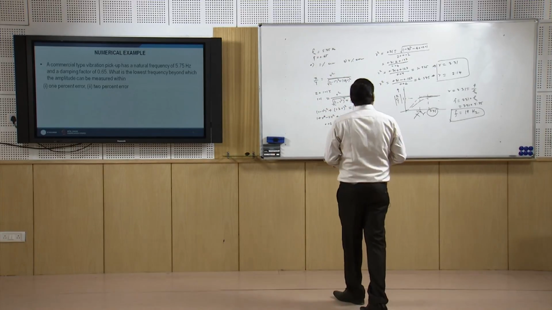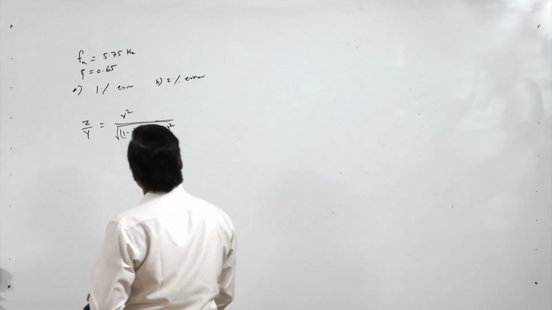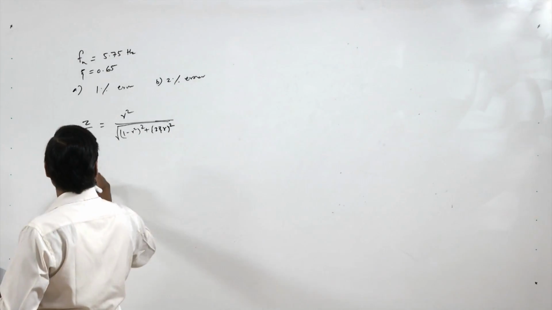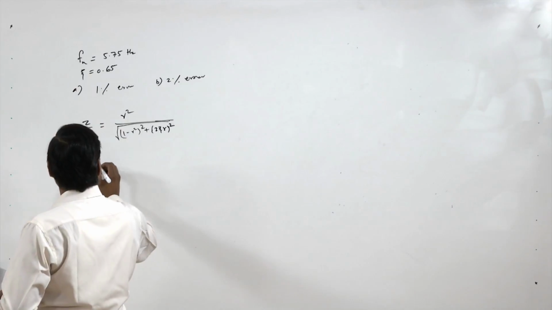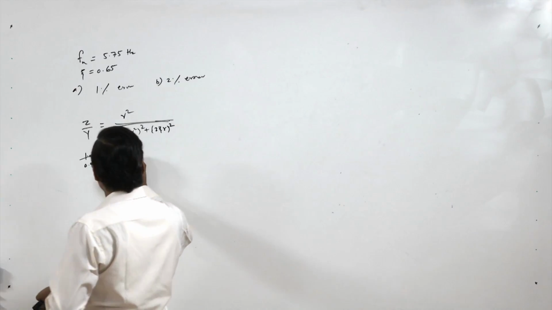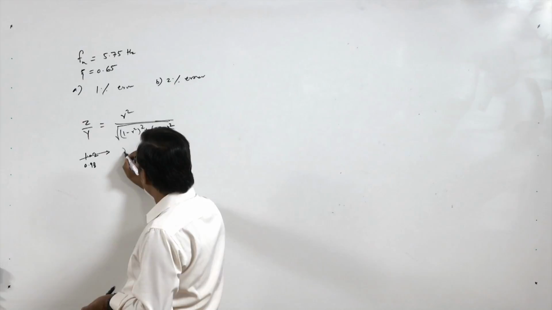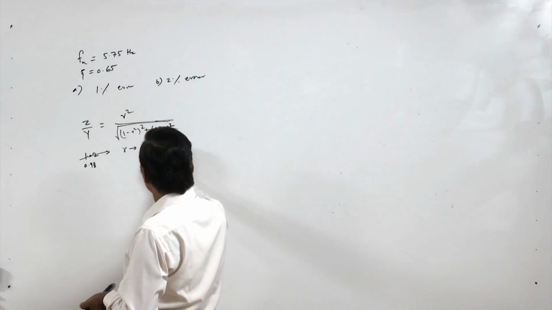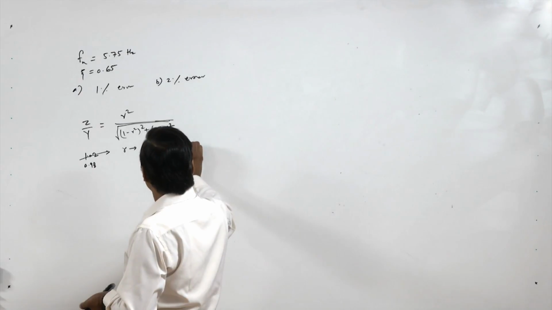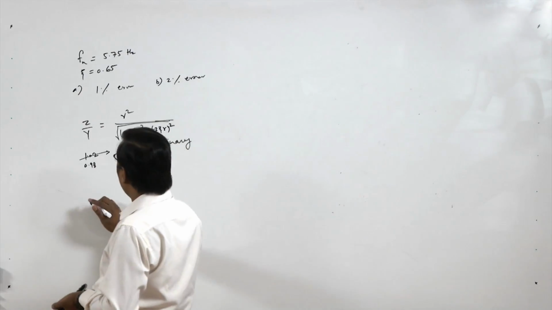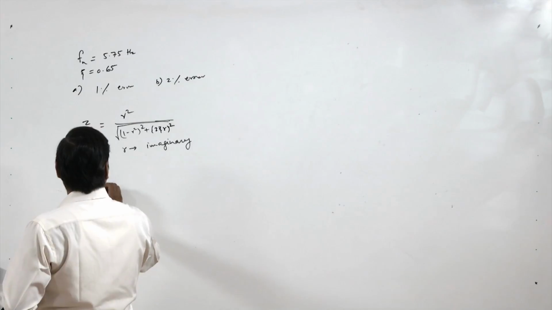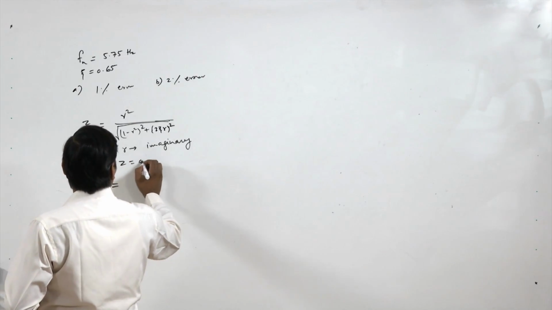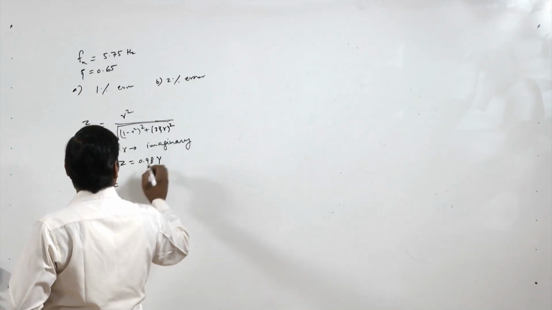Now the 2% error. If we take 2% error, we can take here 1.02 or 0.98. If we check, we will get the R values imaginary for 1.02. So therefore we will take 0.98, it means that z equals 0.98 of y.